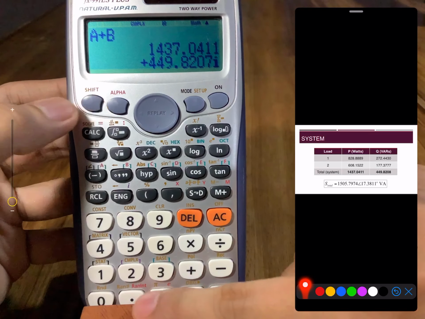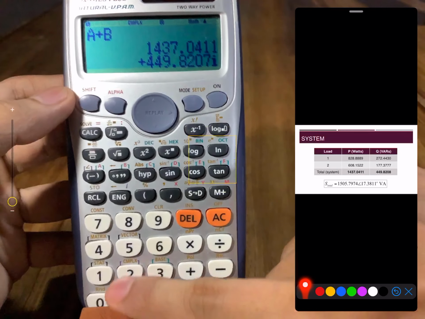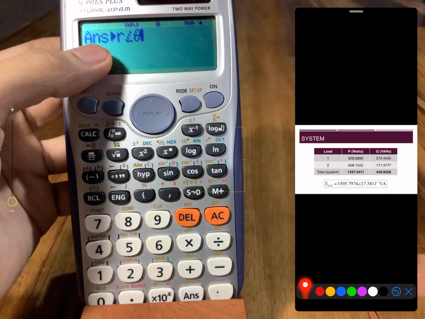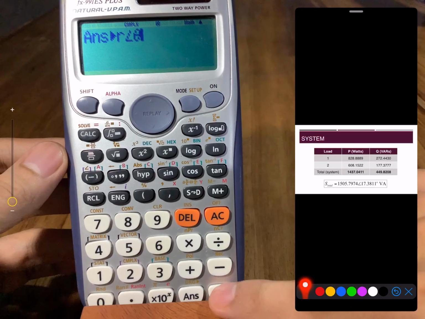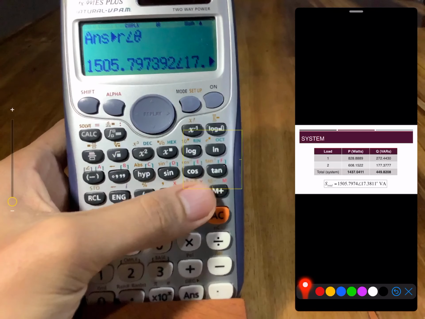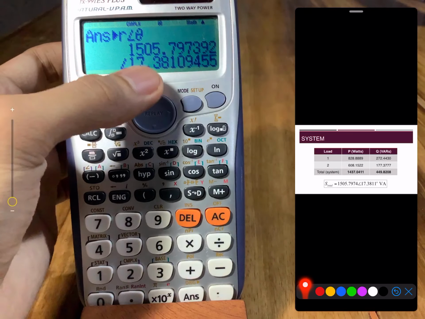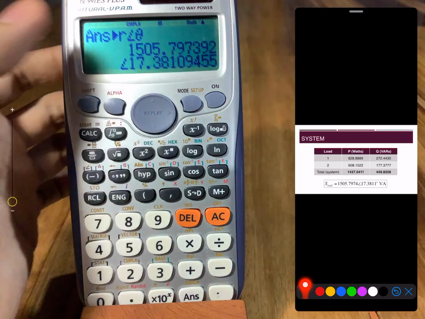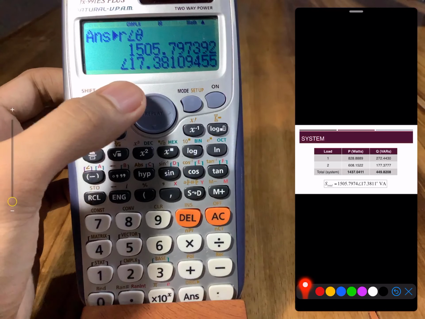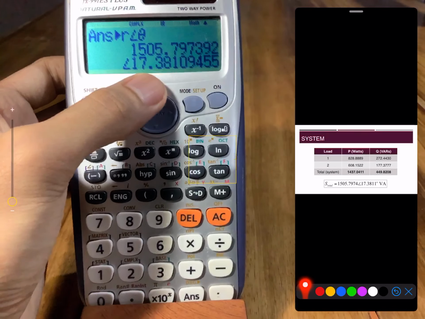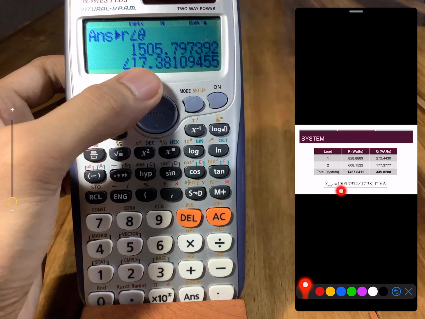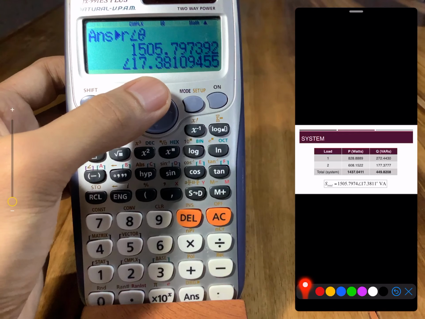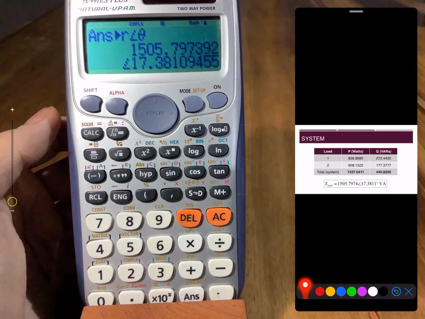So all we have to do is to press shift 2, okay, and press 3. We convert the complex number into its polar equivalent, that is equal to 1505.7974 angle 17.381, which is also the same with this value. Okay, so this is now the total power of the system.